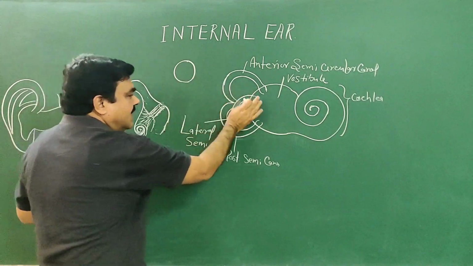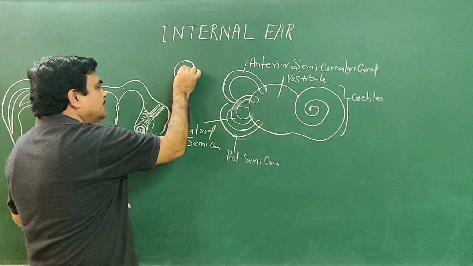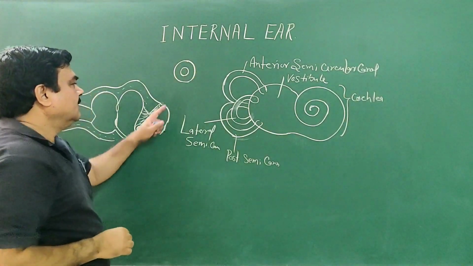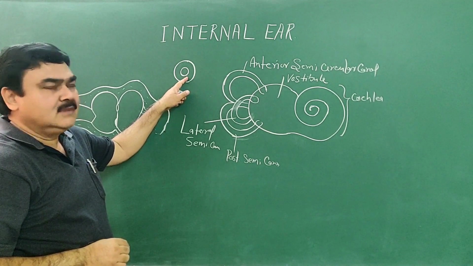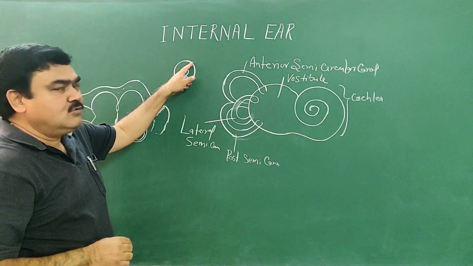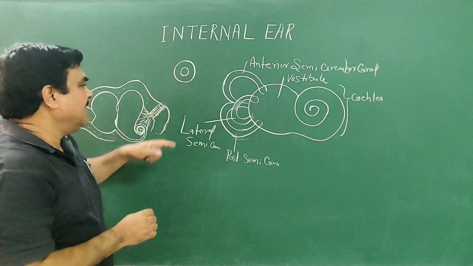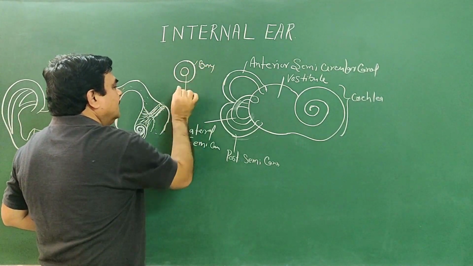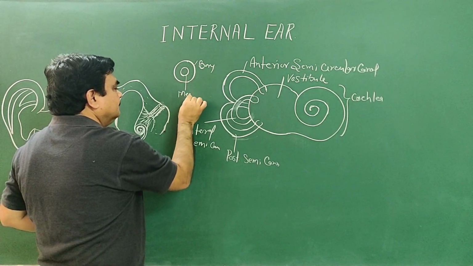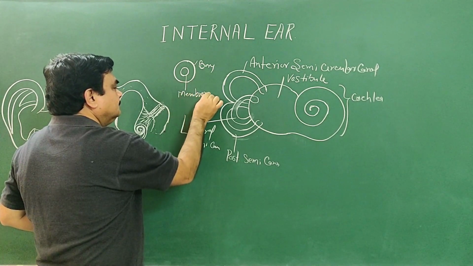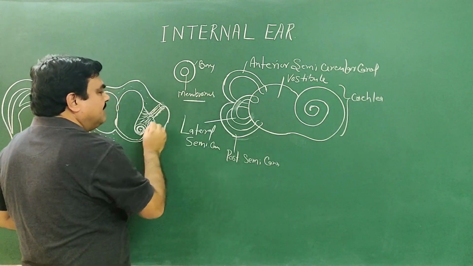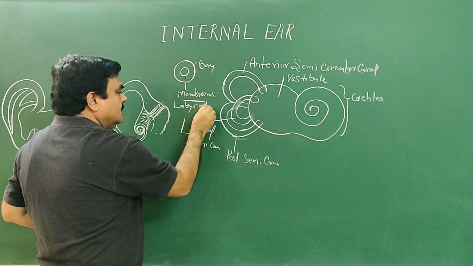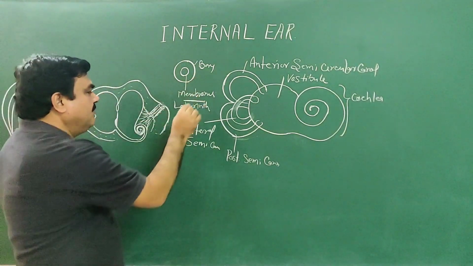In this diagram, this is the bony labyrinth, and the inner labyrinth is known as the membranous labyrinth. So it is bony labyrinth and membranous labyrinth.